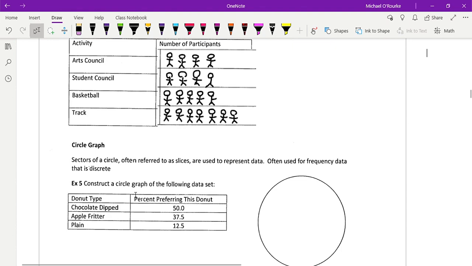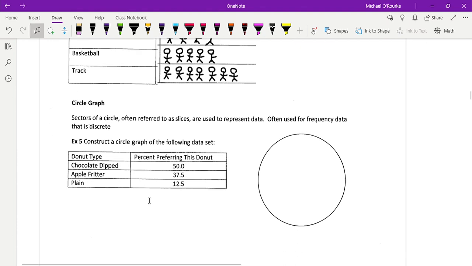Now, they've left out a step here, but to do this correctly, you would need what tool? Protractor, right? Unless you have one that can get to both directions. Because we need to know, when it says 37.5%, how would we figure out how much of the circle to color in?